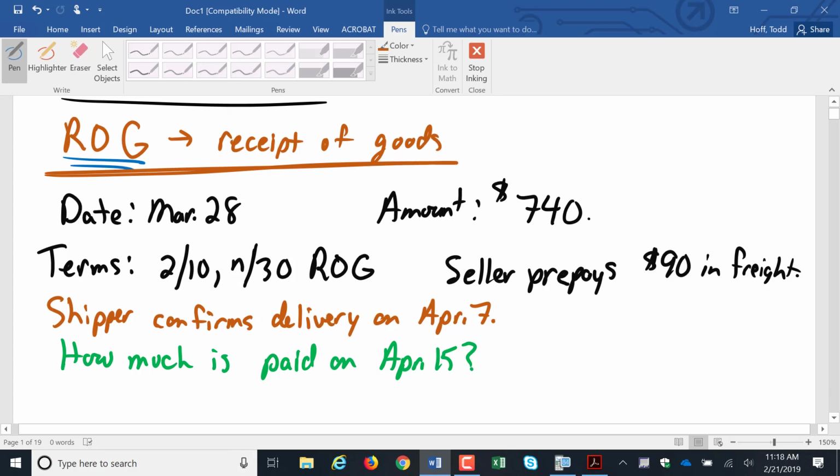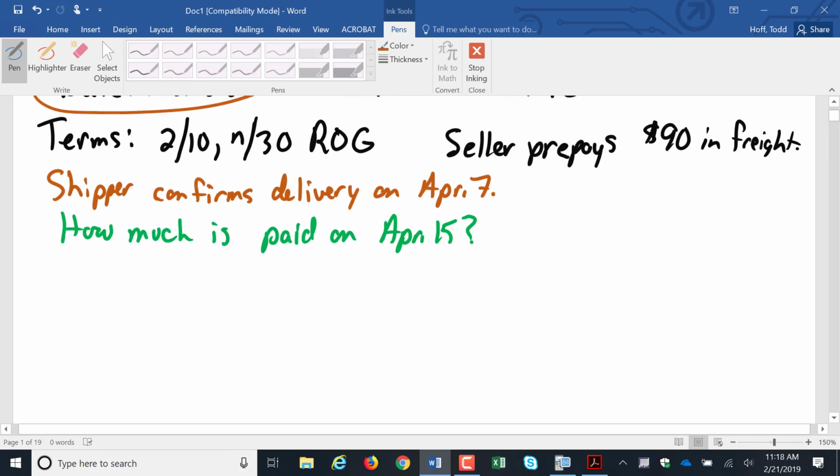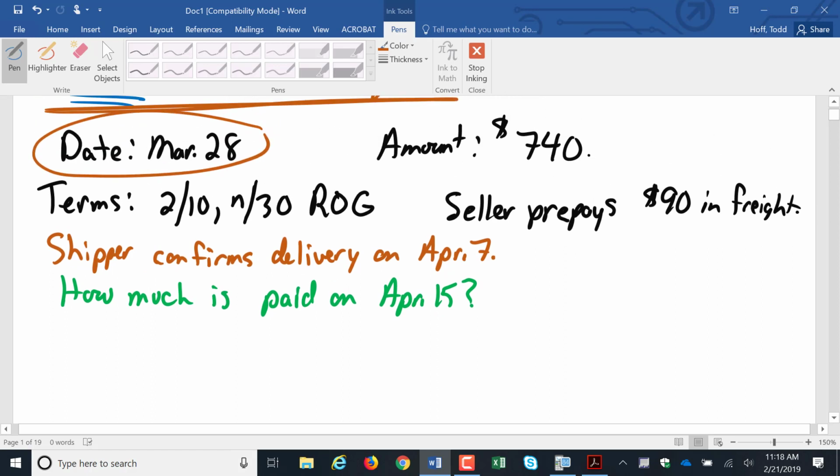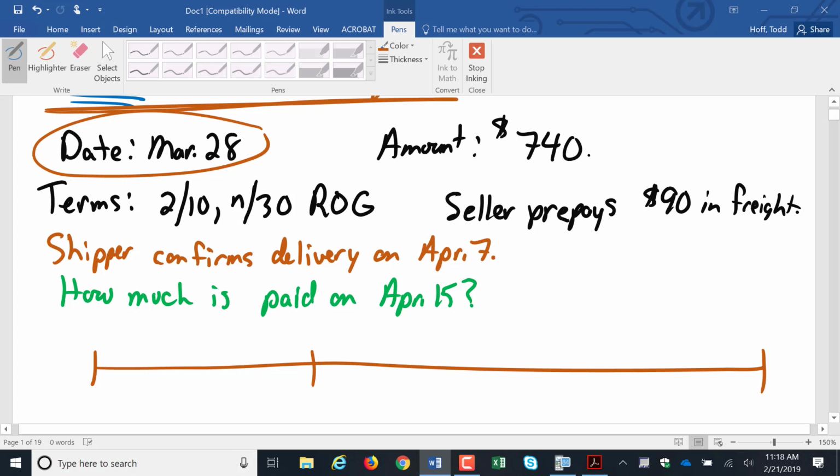So our timeline changes here. Instead of starting on March 28th, which is the invoice date, that date is modified. So we use the date the goods are received, the April 7th date, to start our timeline. 2/10, so 10 days after that, that's going to be April 17th.